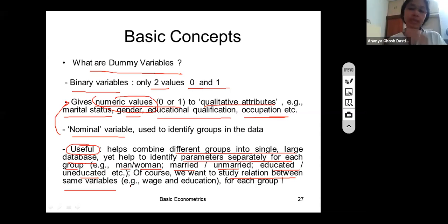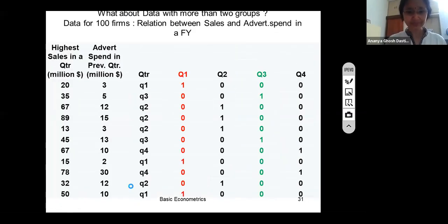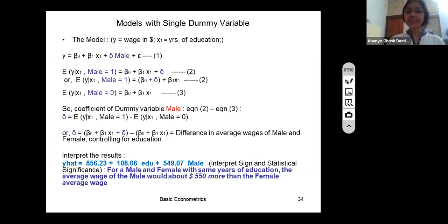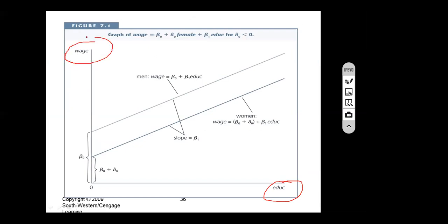Now, before I look at some data, let me look at those lines. You see, regression lines are going to haunt us all the time. Ultimately, when I'm running a regression, I am estimating a straight line relation between two variables. Suppose the variables are education and wage.